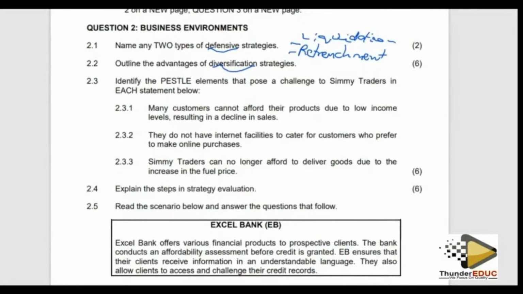So now here we have P. P stands for political. It means that businesses should always pay attention to the level of politics. Are there any political unrest or political rest there? Because the moment there is political unrest, chances are very, very high that businesses won't attain the profits that they've actually anticipated.